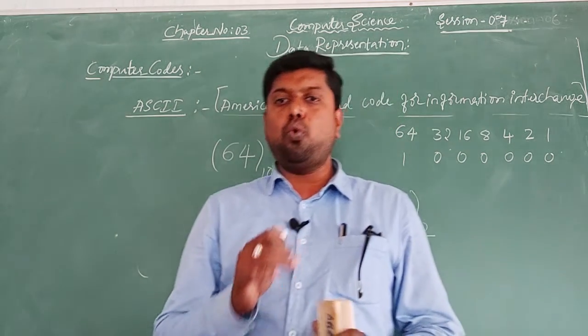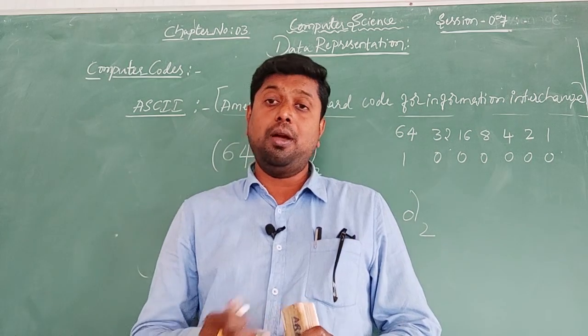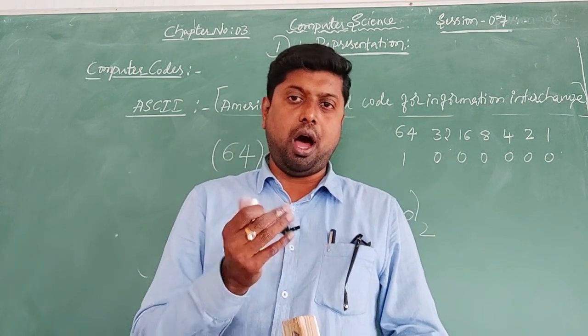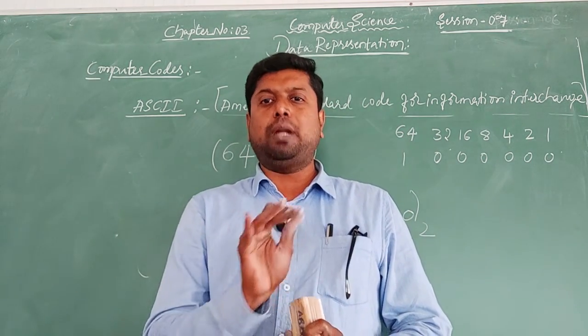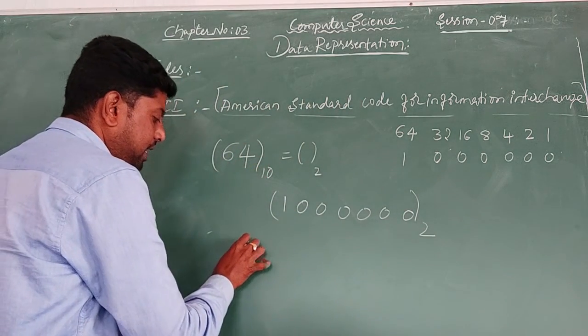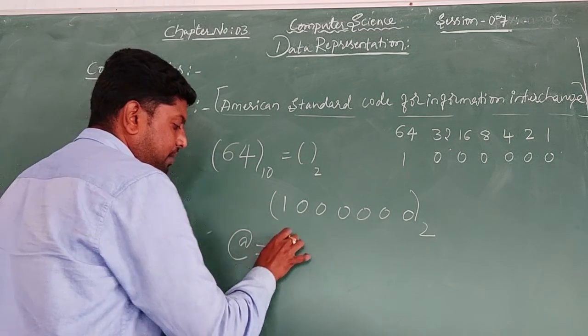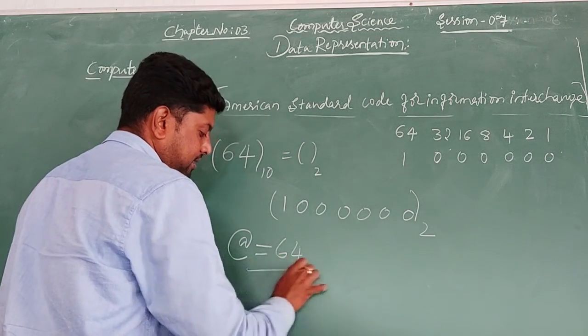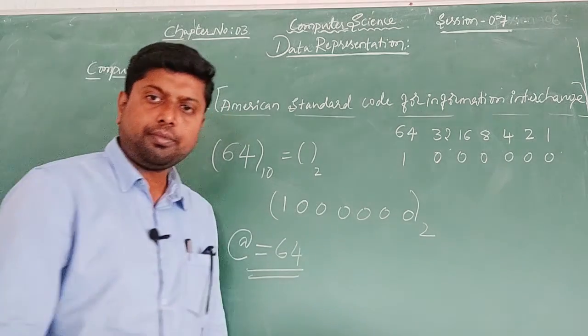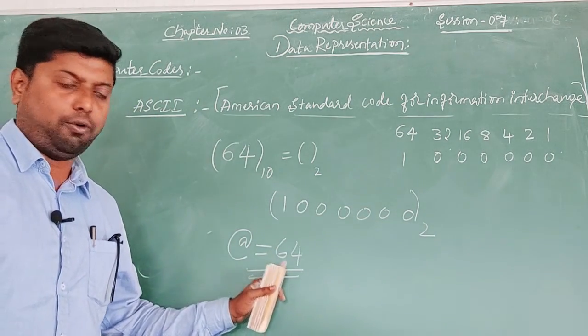But if you want to write this decimal number 64 by using the codes or special symbols, how to represent this one? See here. The same 64 in the American Standard Code will be the symbol @, this will represent the 64. At will be the symbol and that will be represented by 64.